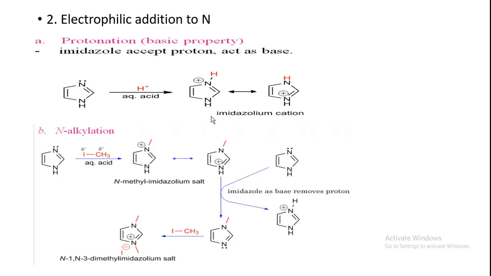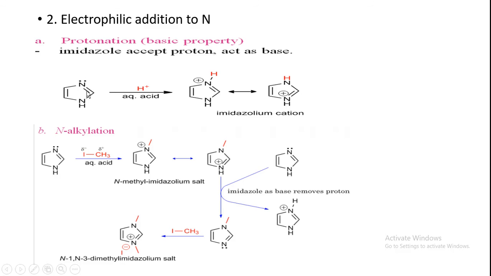So next, imidazole also undergoes electrophilic addition to nitrogen, okay. So the first one is protonation. There is a basic property, so it can undergo addition of proton H plus. So imidazole can accept one proton to act as a base. So you just see this reaction.